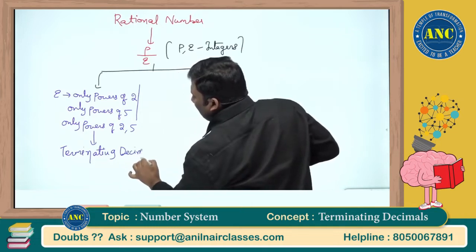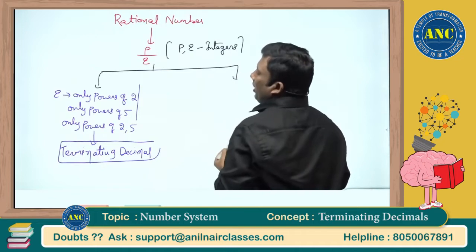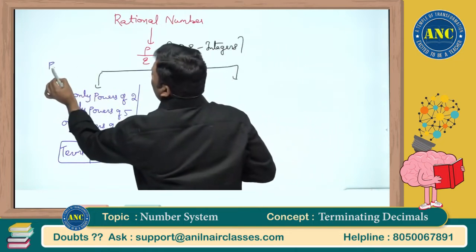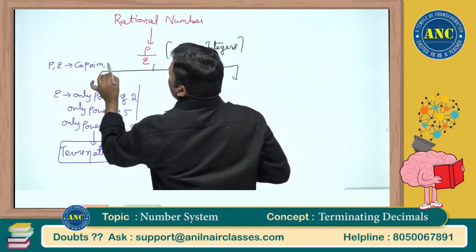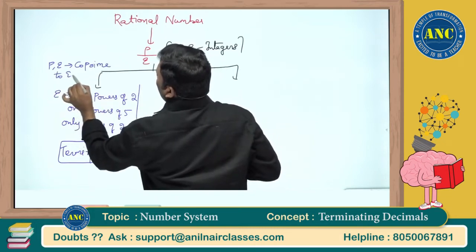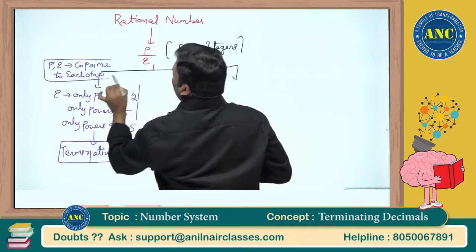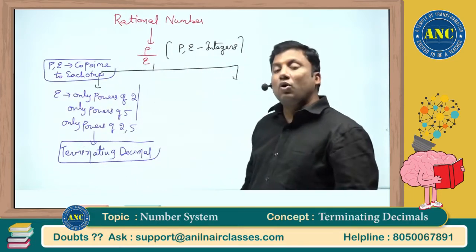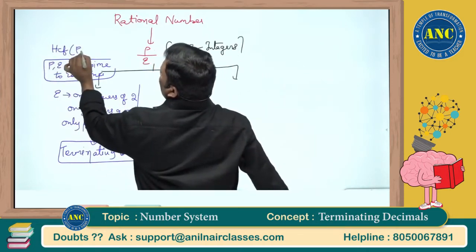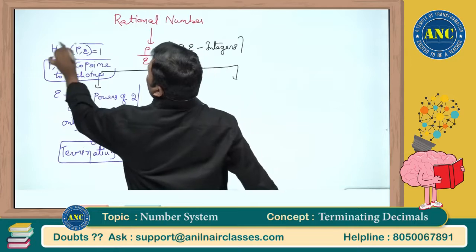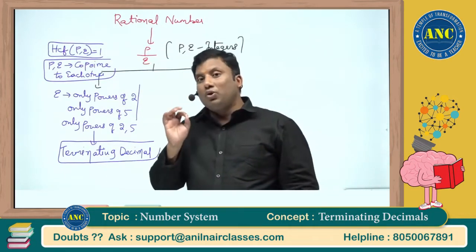A terminating decimal is possible when P and Q are co-prime to each other. For example, 4 by 20, make it into 1 by 5. When will they be co-prime? When their HCF is 1. HCF of P comma Q equal to 1, then the numbers are said to be co-prime to each other.